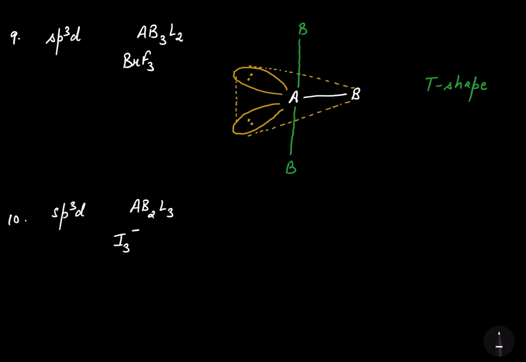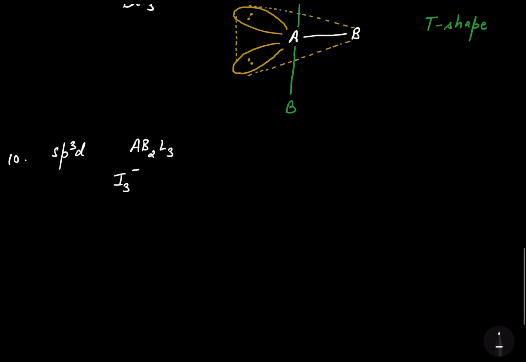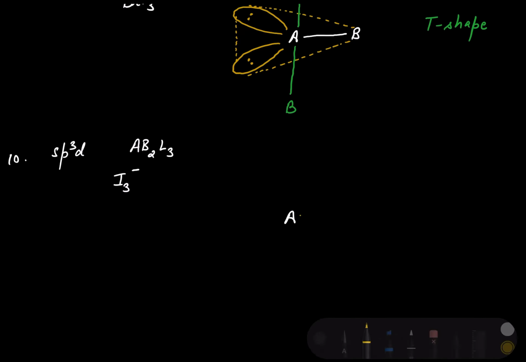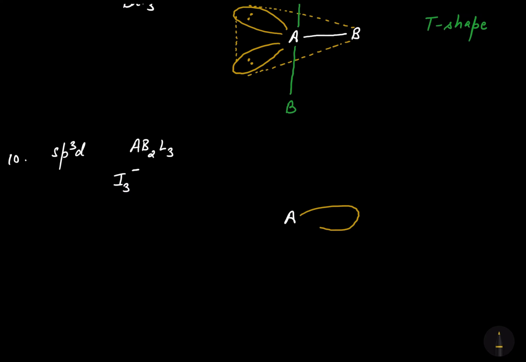Now let's draw its structure. The A is over here. Now we are having 3 lone pairs, then those 3 lone pairs will hold the positions on the equatorial plate. So these are the 3 lone pairs on the equatorial position. Now I'm just linking them.